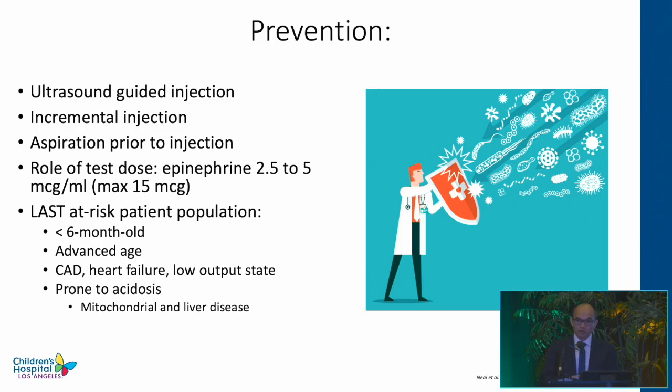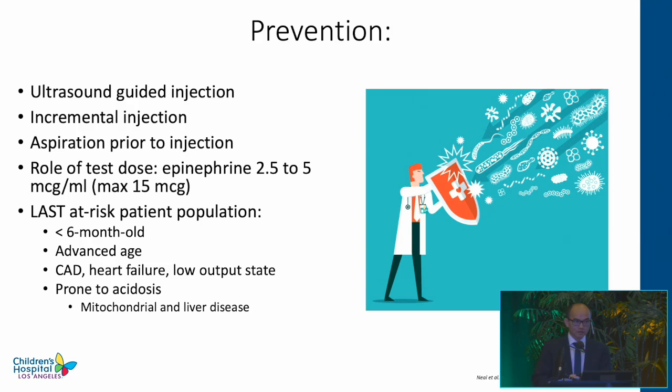Do incremental injections, so give a small amount at a time and watch for symptoms. Aspirate prior to injecting, and make sure you don't see heme with aspiration. You can also use epi as a test dose to make sure that you're not in a vessel. You can do about a 2.5 to 15 mic test dose. But if you use ultrasound, you don't need to do the test dose.